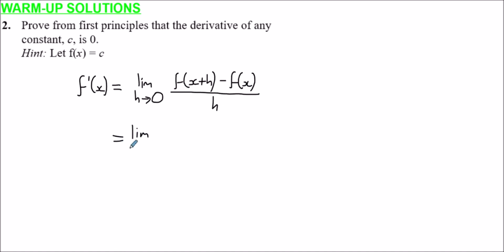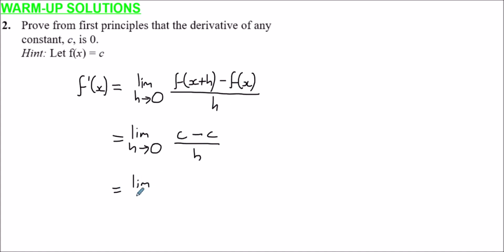Now we are told that this is a constant function. It's never going to change. And so the function is always going to be c no matter what. And so the function where we input x plus h is just going to map to c. And so f of x plus h will be c. F of x will also be c, because the function is never changing. It is by definition the constant c, all over h.